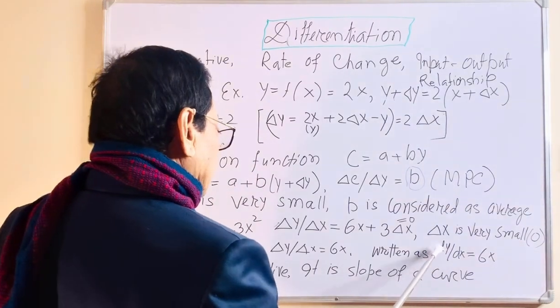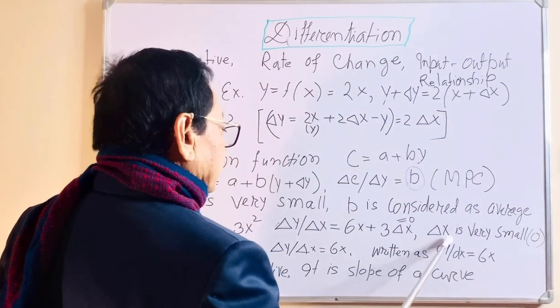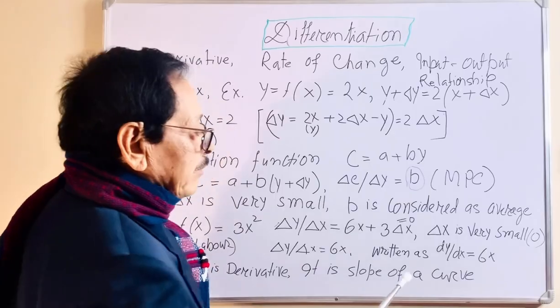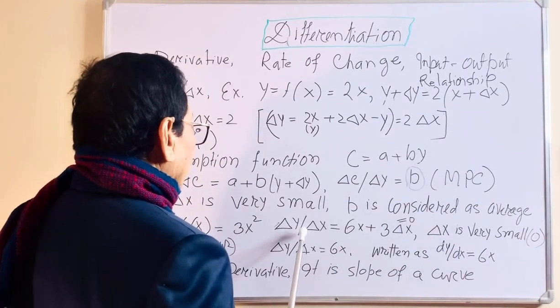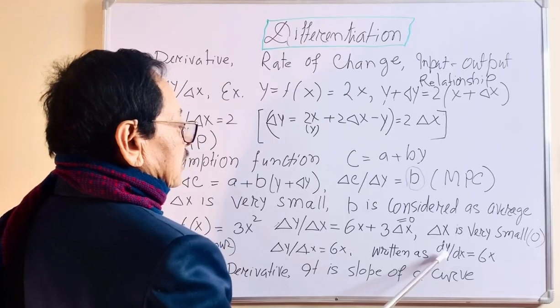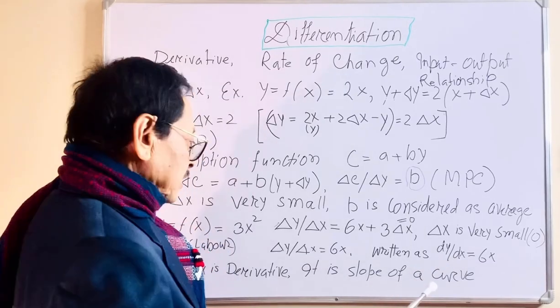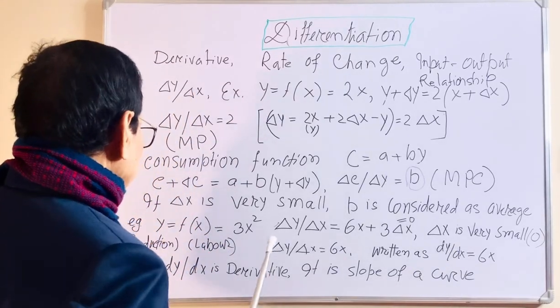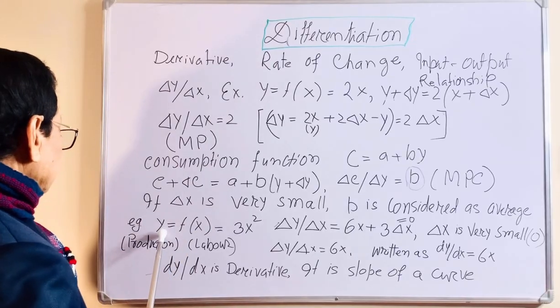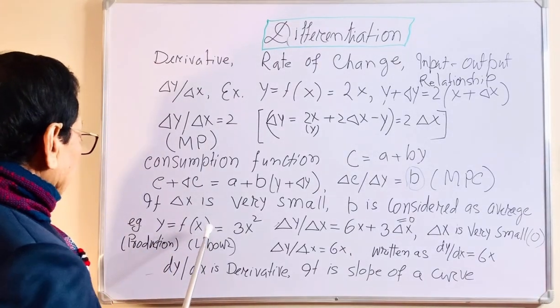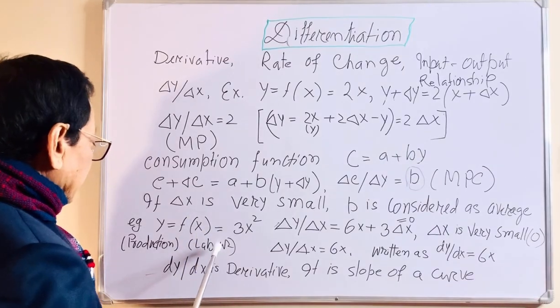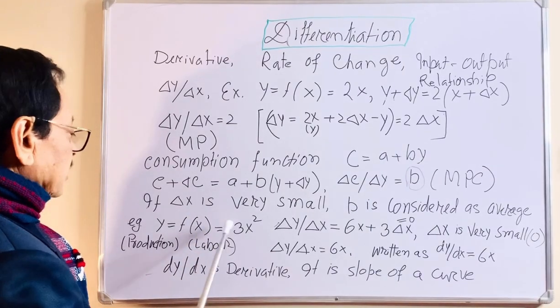When you say derivative, we express it not as delta Y by delta X, but as dy by dx. Suppose Y is the production of a certain crop and X is the labor.